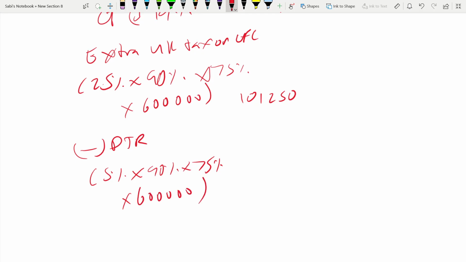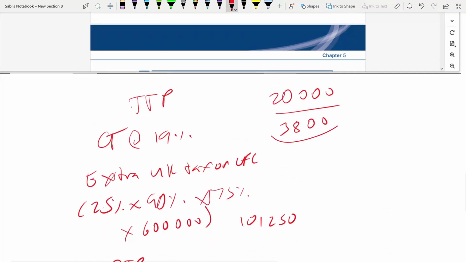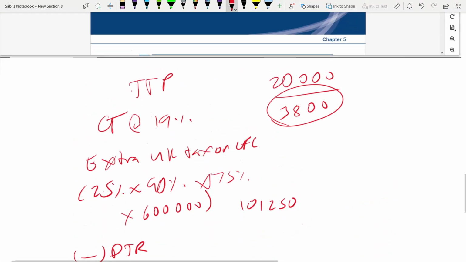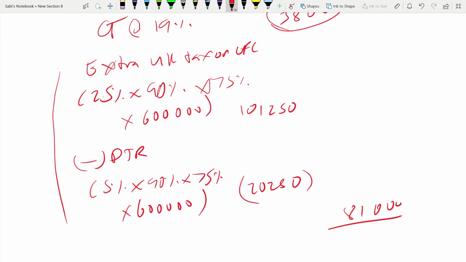That you don't have to do when you are doing CFC charge. Straight away deduct 20,250. It's 81,000 that you have to add to the UK corporation tax of 3,800. This part is for CFC extra. So 81,000 plus 3,800 is 84,800. Okay, this is the total UK corporation tax payable.